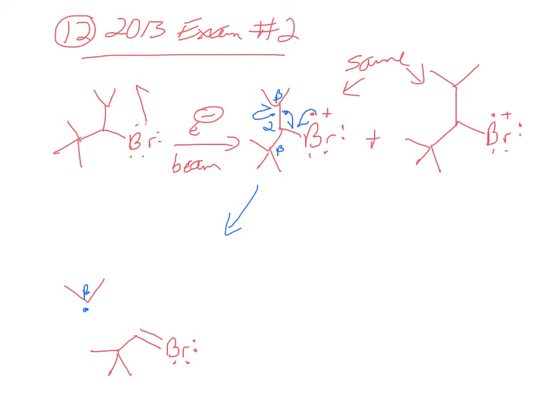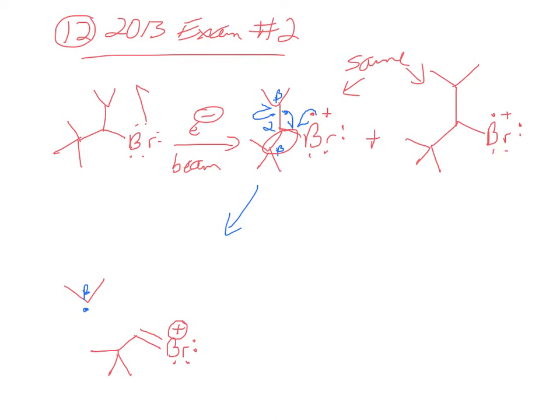Still on the bromine. Yes, good. We could do it the other way as well, an alpha cleavage on that bond right there. But all I asked for was to do it one way. Choose one. You can do alpha cleavage either way. So that was the homolytic alpha cleavage.